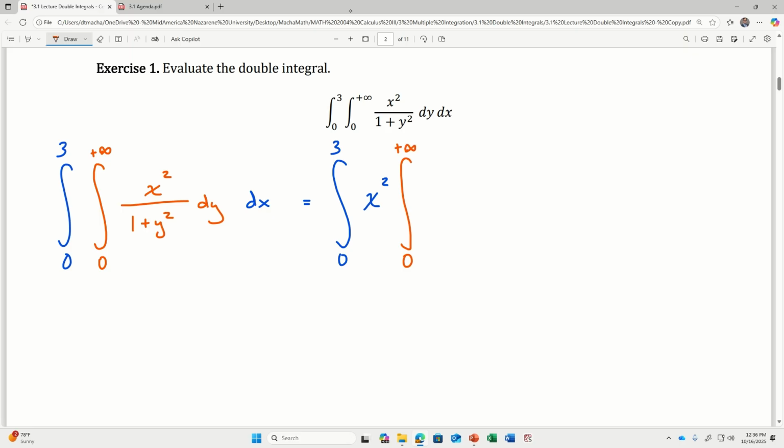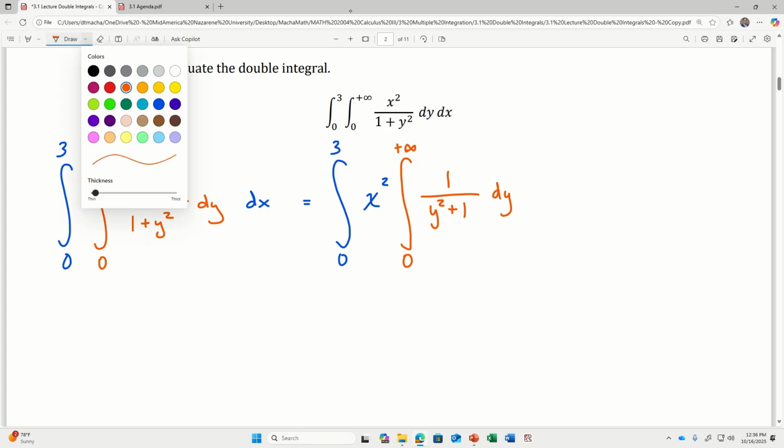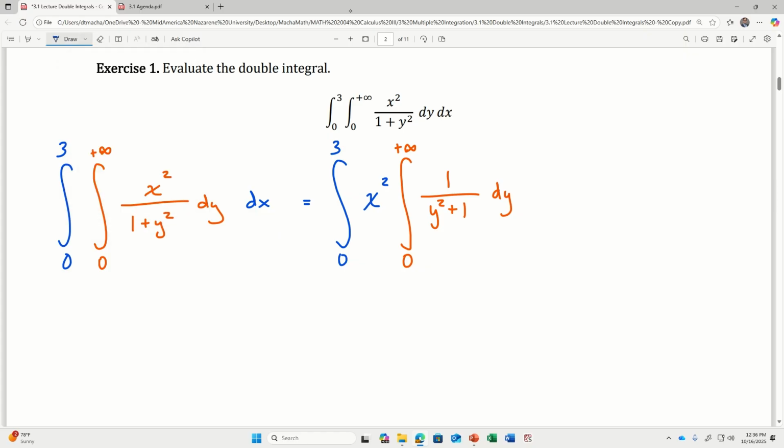And if I have a constant multiplier on the integrand, the inside of an integral, I can just take it out. But you can tell by where I put it, I cannot take the x squared out of the blue integral, because the blue integral is with respect to x. And so as far as the blue integral is concerned, x is not a constant. So I can only do something like that.